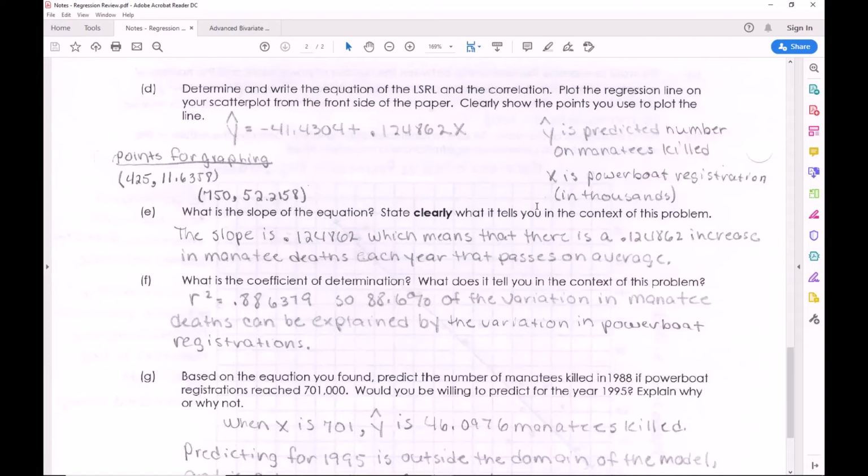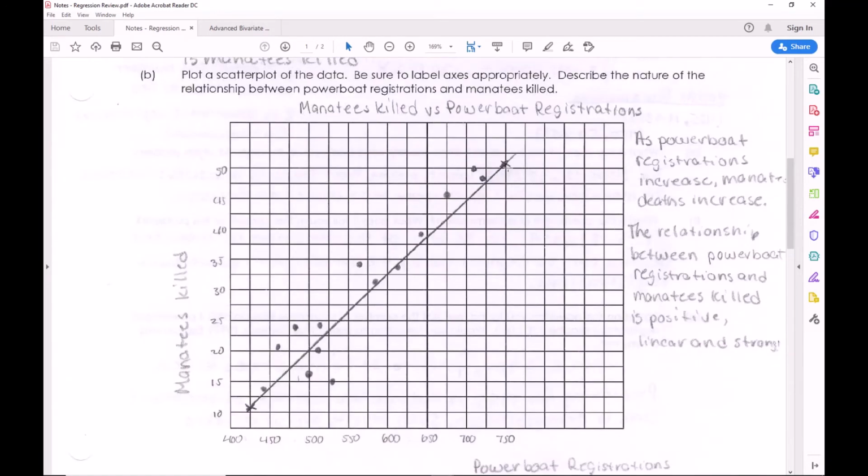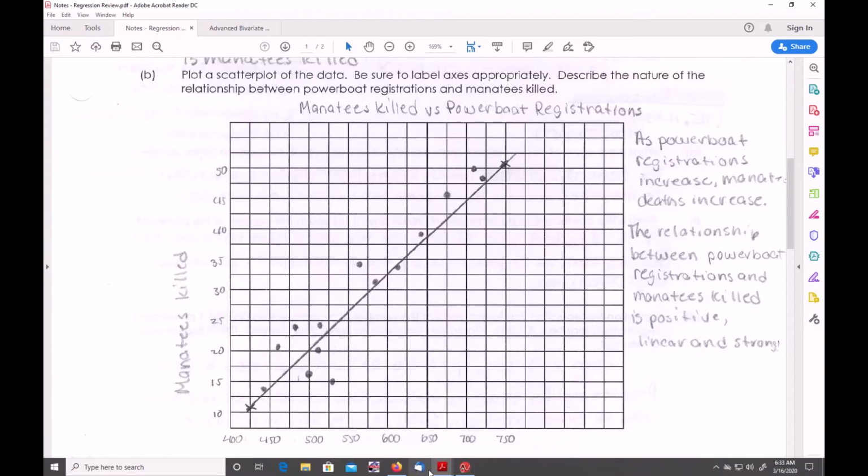So I did define those variables. That's pretty important. And the points for graphing, in order to put the LSRL on my scatter plot, I found this point as a prediction to either side of the domain, and then you can just connect those. So this is kind of what I did.